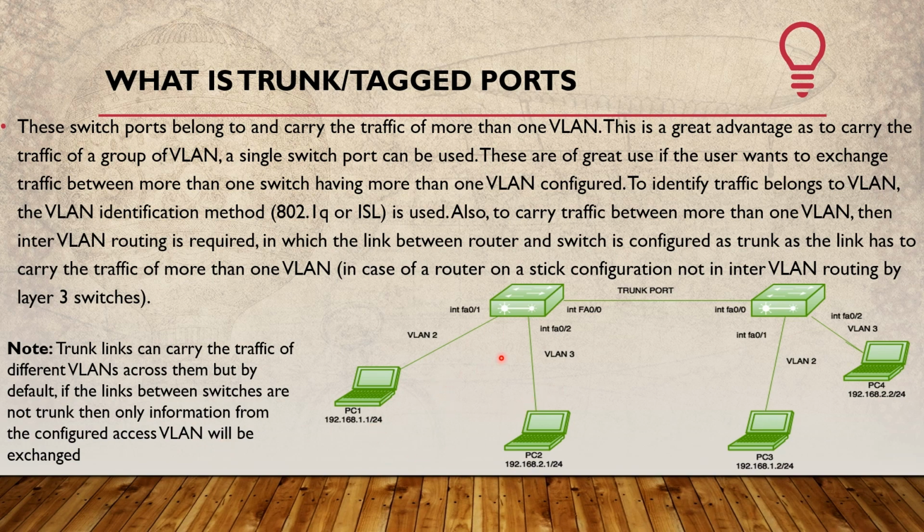For this example, if I configure an access port with VLAN 2 here, and here also an access port with VLAN 2, then I can pass only VLAN 2 information over this link. I cannot communicate from VLAN 3 PC2 to PC4 if I configure access VLAN 2 on both the ports. If I configure a trunk port, they can communicate with each other without any issue.